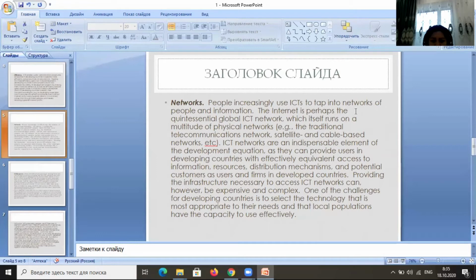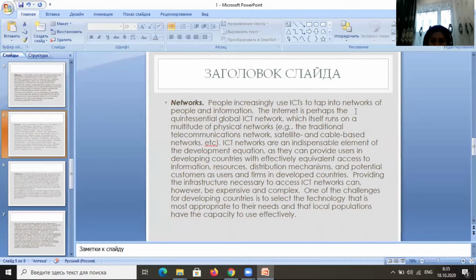ICT networks are an indispensable element of the development equation, as they can provide users in developing countries with effectively equivalent access to information resources, distribution mechanisms, and potential customers as users and firms in developed countries.